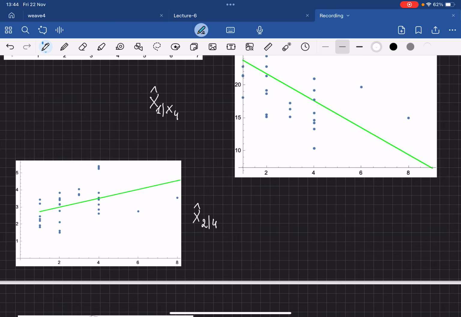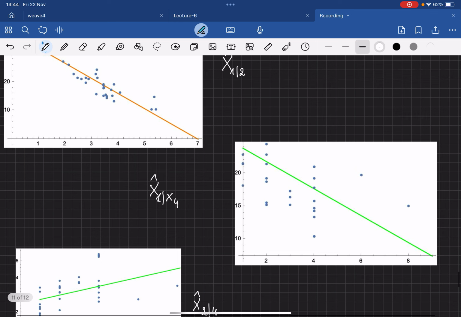In particular, in terms of the squared correlation coefficient, we have here r squared 2,4 equal to 0.18, and r 2,4 is positive.